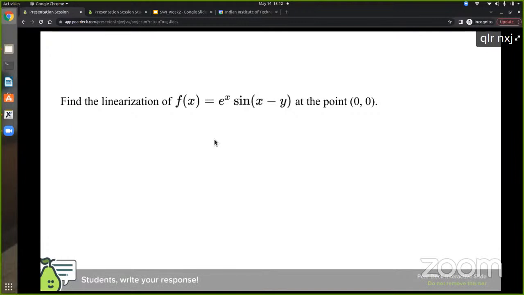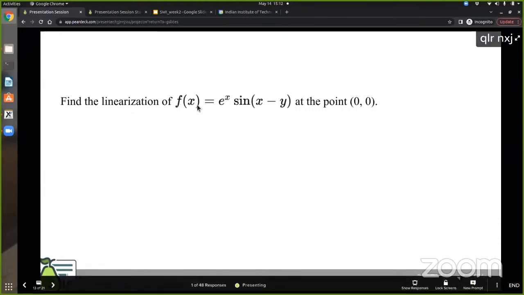Move on, ma'am. All right. Okay, find the linearization, which is the linear approximation, of f of x equal to this function. Now, what difference has come in here as compared to whatever you did so far? Can you tell me? Instead of one variable, there are two variables. Correct. There's a typo here. It should be f of x comma y.